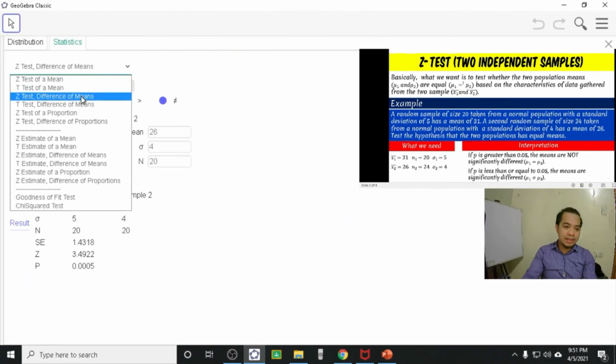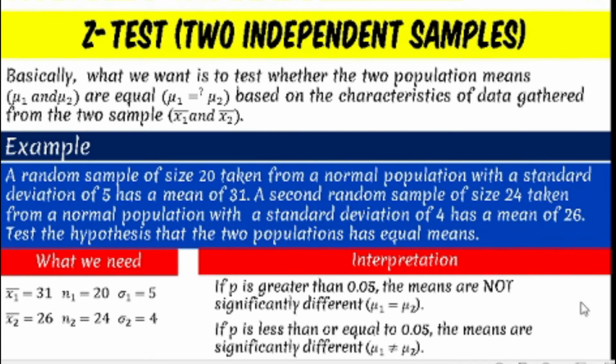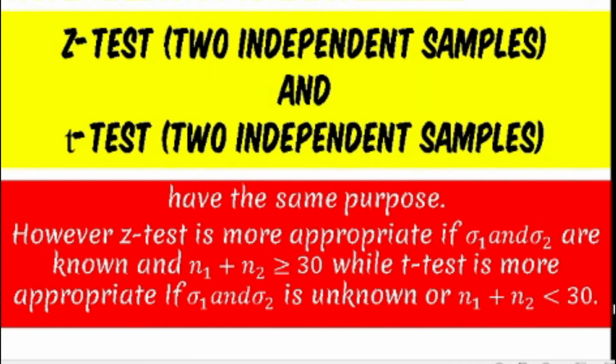The next test here is t-test, difference of means. Again, the purpose of this test is the same as the purpose of z-test, except that we use them in two different conditions. We compare two means using z-test if the population standard deviations are known and the combined sample size is greater than or equal to 30.